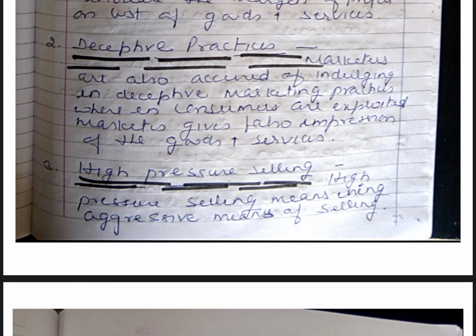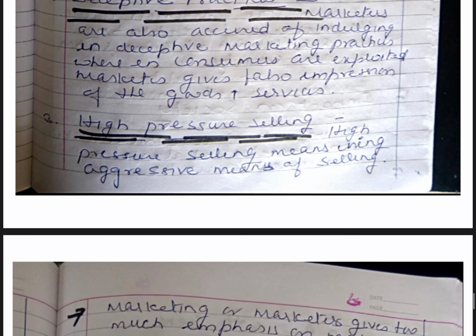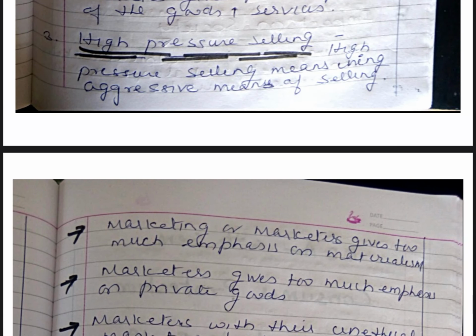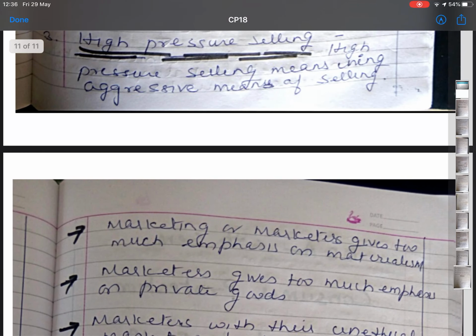Then the third impact which is faced by the individual consumer is high pressure selling. High pressure selling means aggressive means of selling. Marketers induce consumers to buy goods.